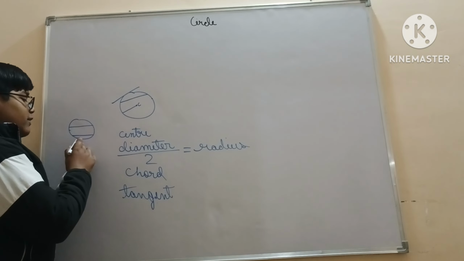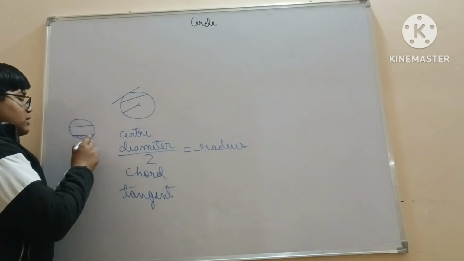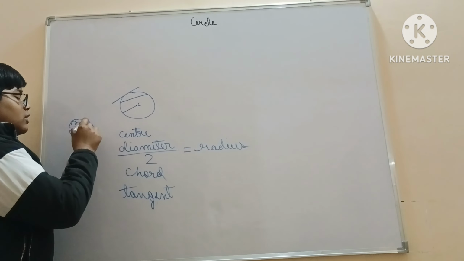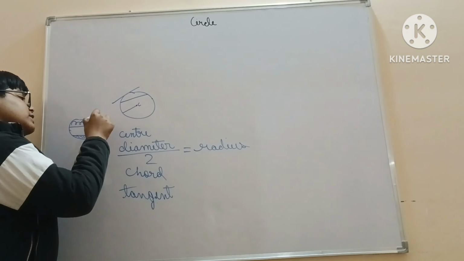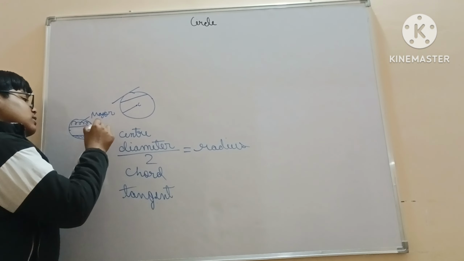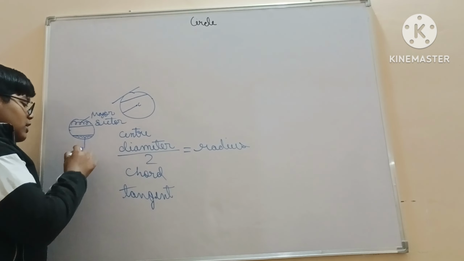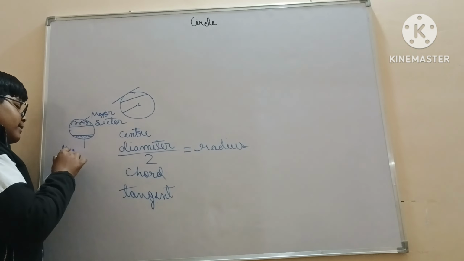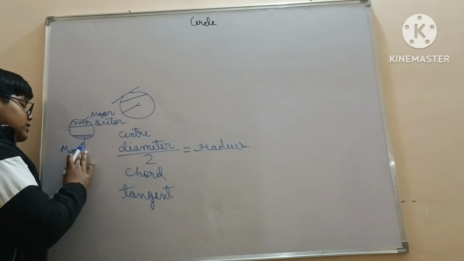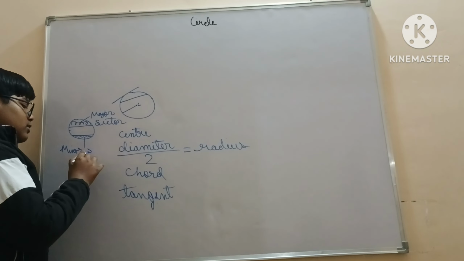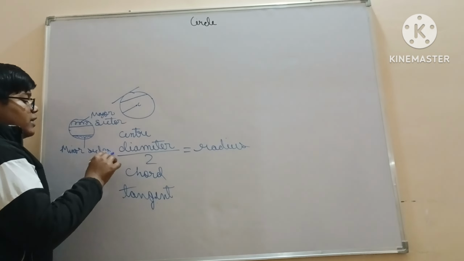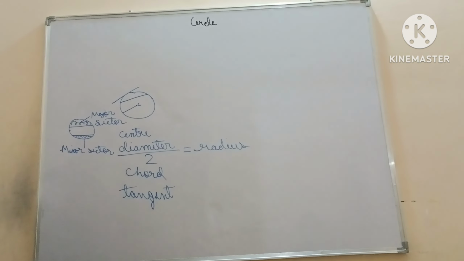One chord covers less area and the other covers more area. This part is known as the major sector of the circle, and this part is known as the minor sector of the circle.